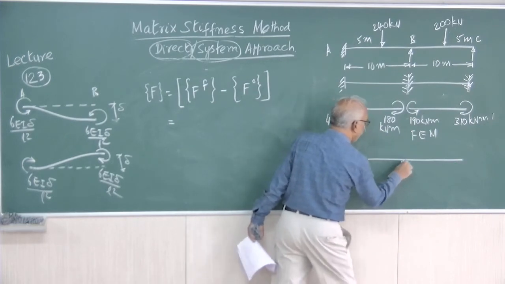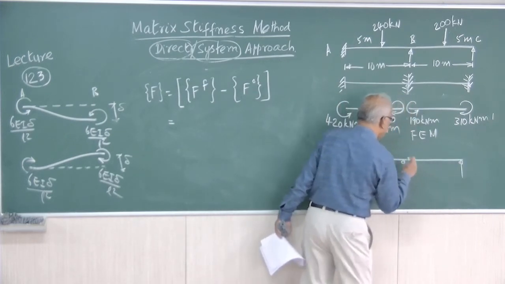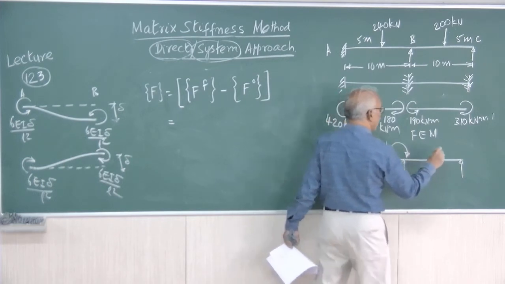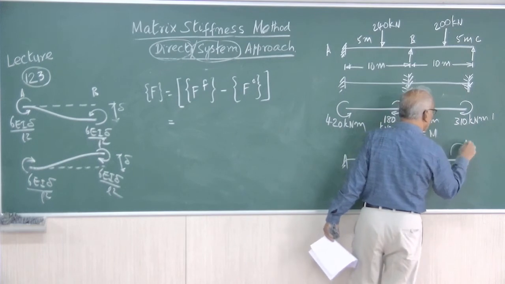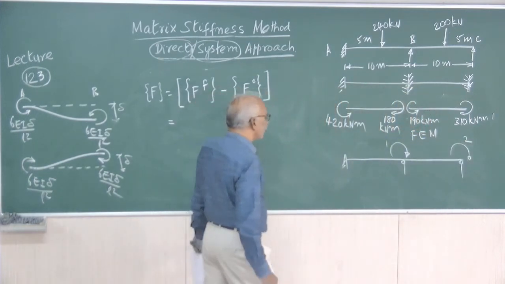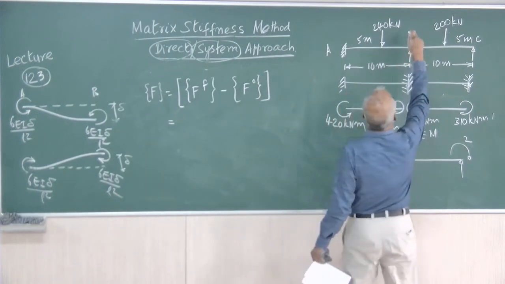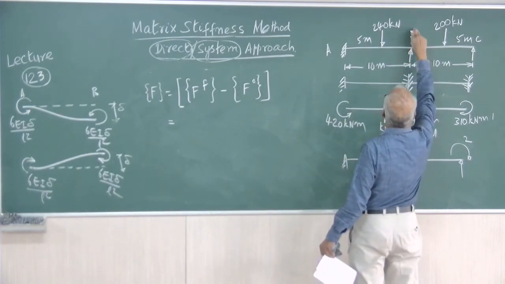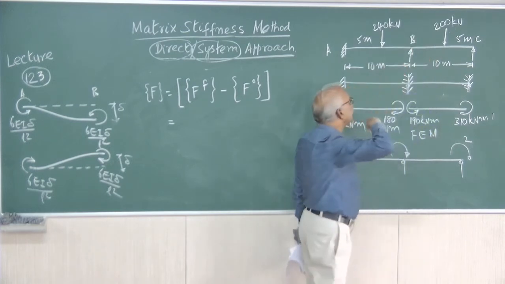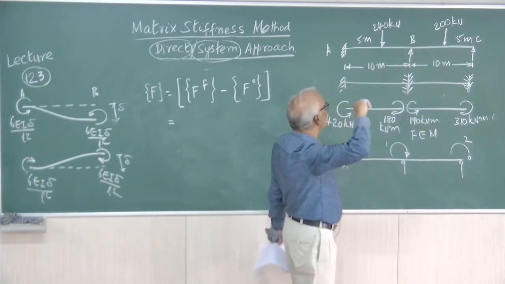This is system coordinate 1, theta b, and this is system coordinate 2. If there is any external moment along the system, a clockwise moment of 60, an anti-clockwise moment of 85, like that we have to consider.